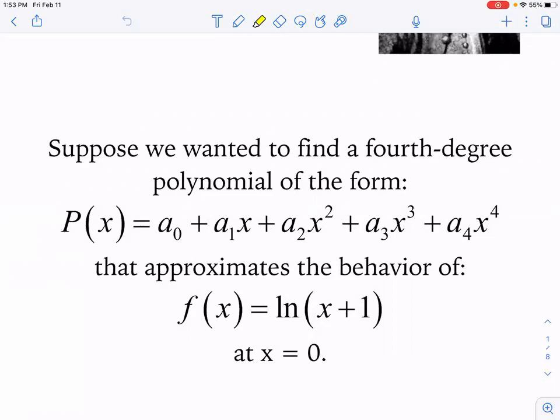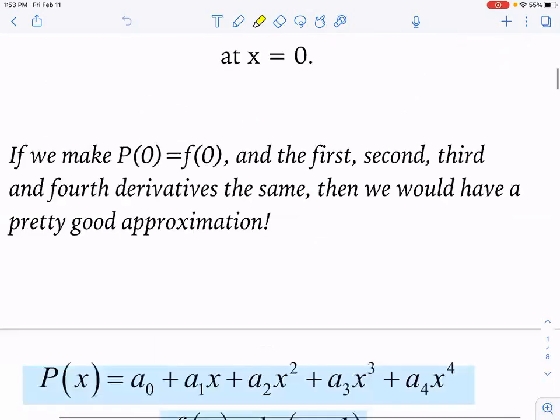Okay, so what we're going to do is take this natural log graph and look at the place where x is 0, and try to build a polynomial that does the same thing there.